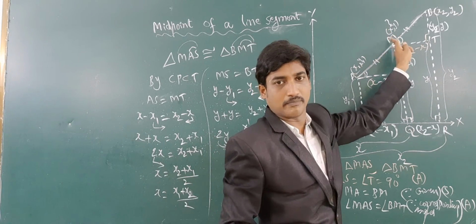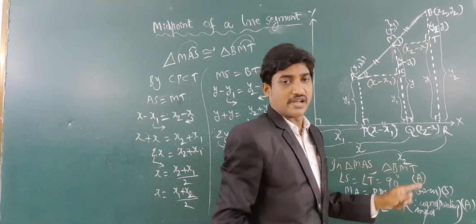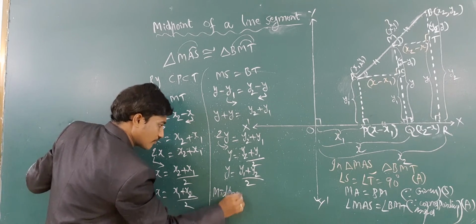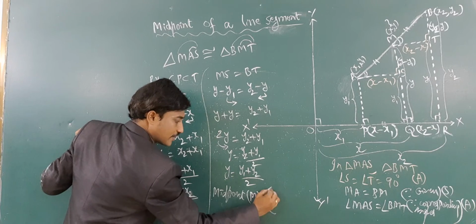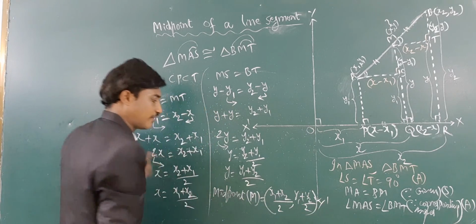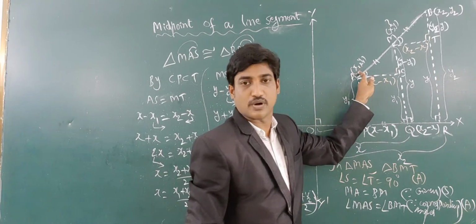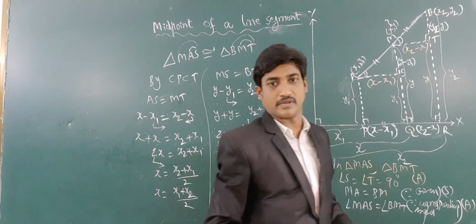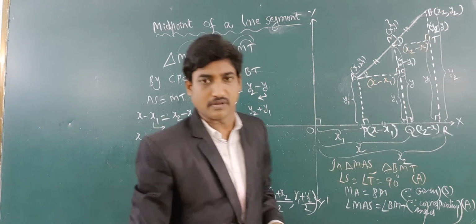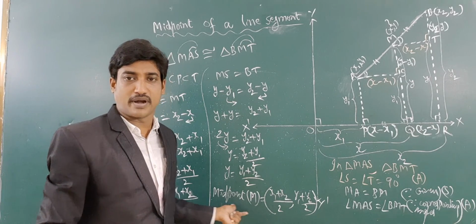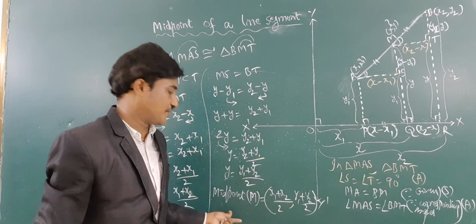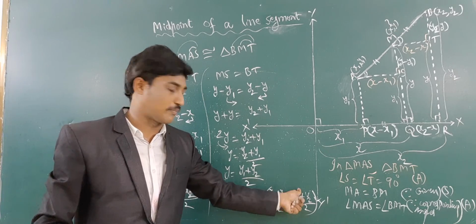Therefore the midpoint M has coordinates ((x1 plus x2) by 2, (y1 plus y2) by 2). For the x coordinate, take the average of the x coordinates of A and B. For the y coordinate, take the average of the y coordinates of A and B. That gives the coordinates of the midpoint M. The midpoint of the line segment joining A (x1, y1) and B (x2, y2) is ((x1 plus x2) by 2, (y1 plus y2) by 2).